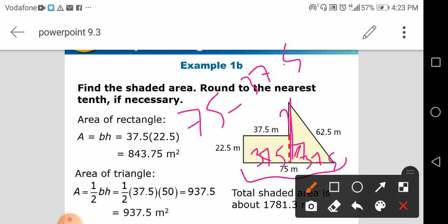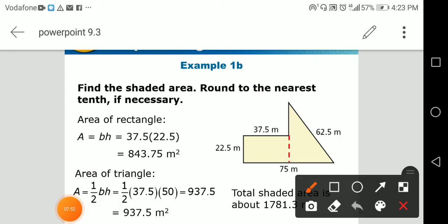I have a right angle triangle, and I have two sides. How can I get the third side? By the Pythagorean theorem.